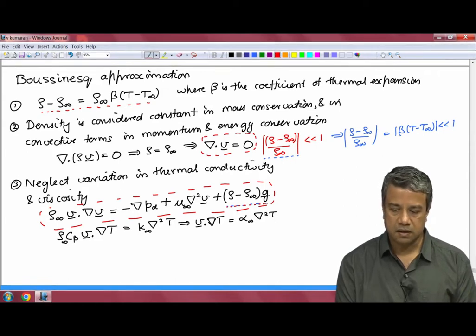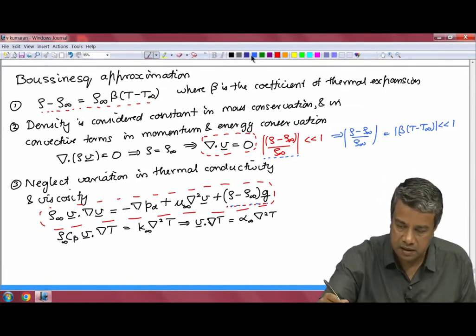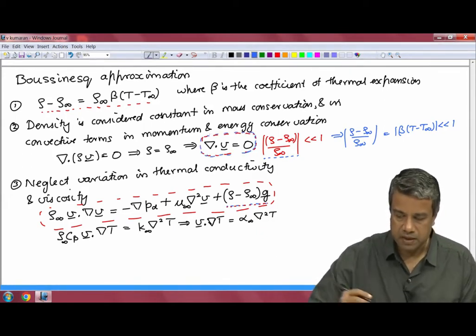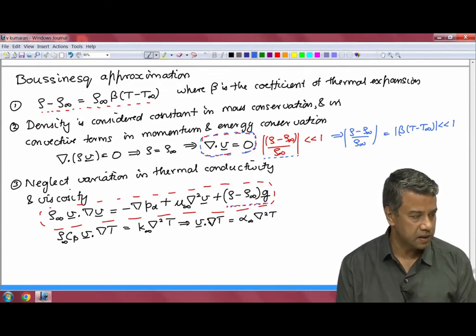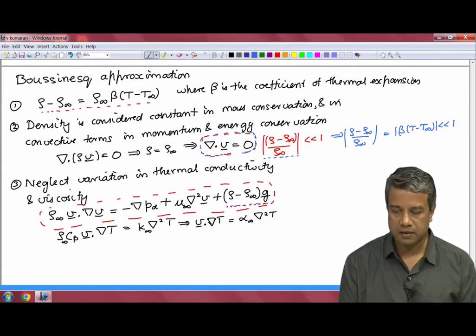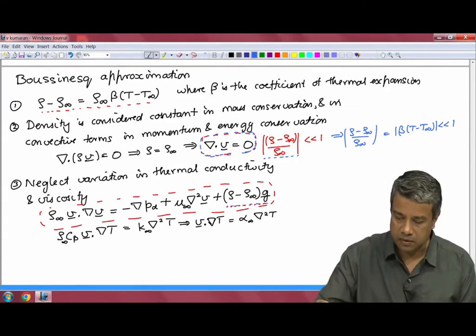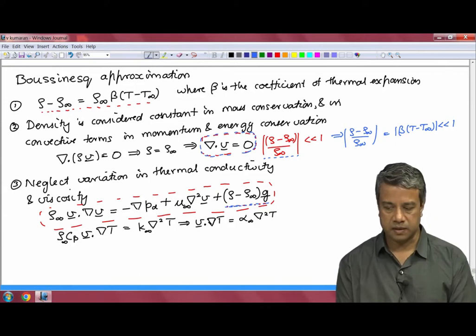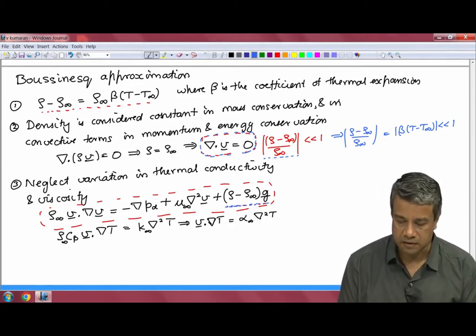Density is considered a constant in the mass conservation equation and the convective terms in the momentum conservation equation. So, the mass conservation equation is identical to that for an incompressible fluid flow. The momentum conservation equation is also identical to that for an incompressible flow, with the exception that there is an additional term due to buoyancy, which contains the density variations.